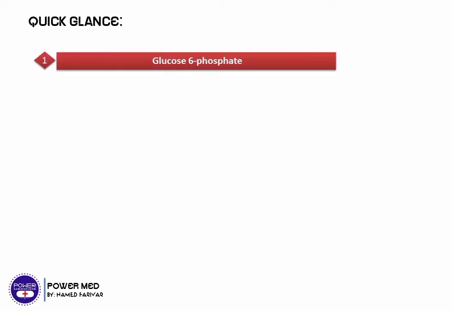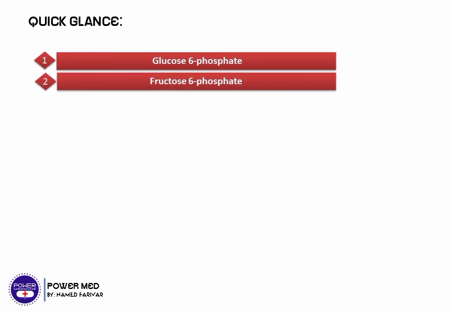First, let's have a quick glance at the intermediates that are generated during the two phases of glycolysis. And we will discuss every single reaction in more detail, along with their specifications, later on in this video. In the first reaction of glycolysis, the intermediate generated is glucose 6-phosphate, which is the first phosphorylated intermediate in this series.